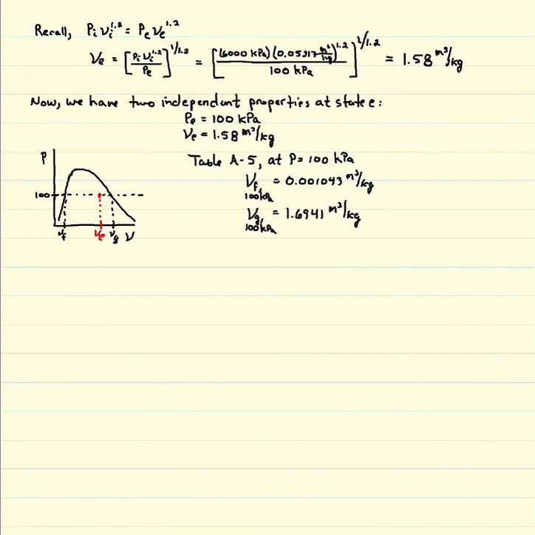Okay, so now, since we've confirmed that our exit state is a saturated mixture, using these two pieces of information, we confirm that v sub f is less than our exit specific volume, which is less than v sub g. So that means that state E is a saturated mixture.